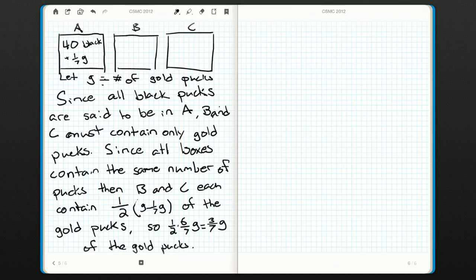We let G be the number of gold pucks, so now we just need to figure out what G is. That shouldn't be too difficult.